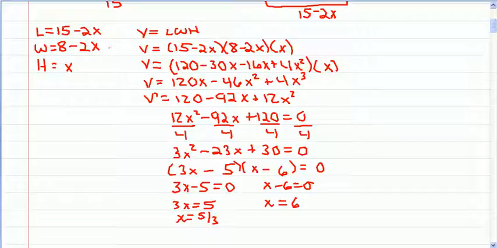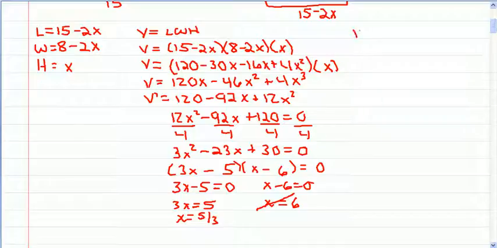So since we're working with volume and dimensions cannot be negative, x equals 6 is not a possible value, so x is equal to 5/3. But how do I know if this 5/3 is a minimum or a maximum value? The way we know is to take the second derivative.